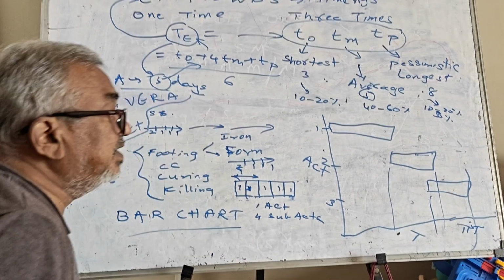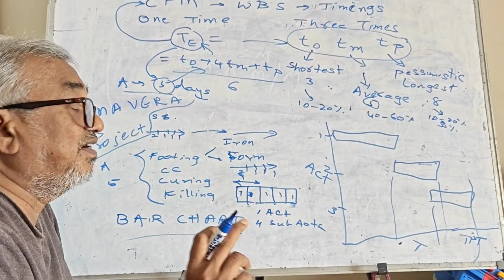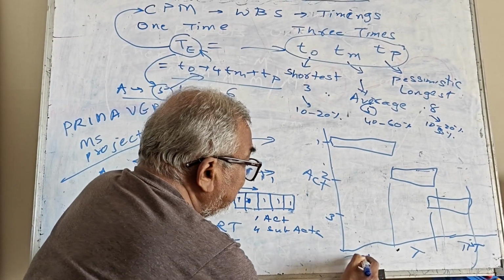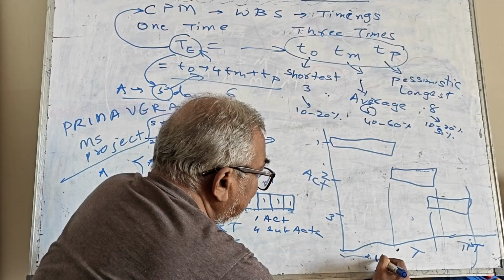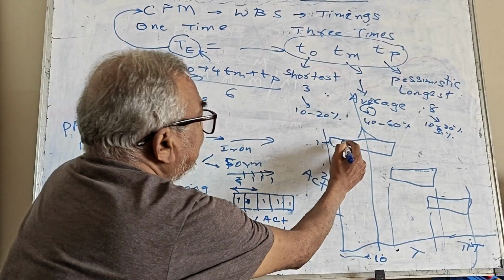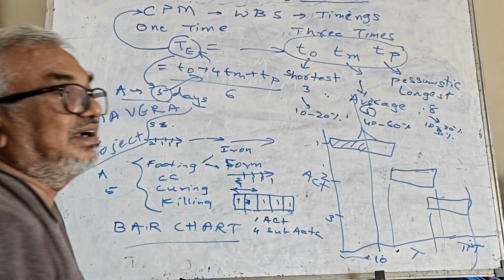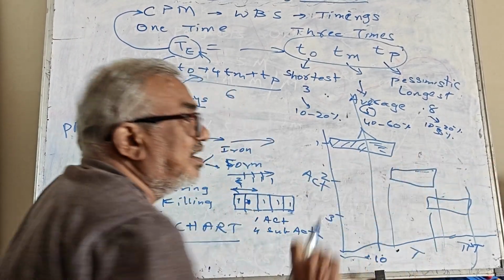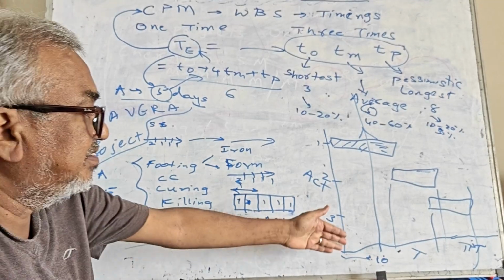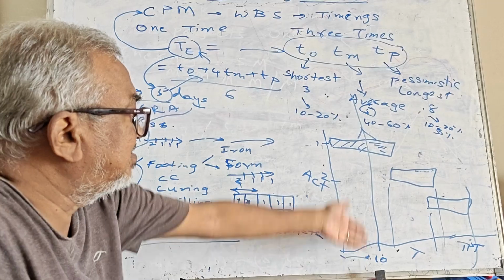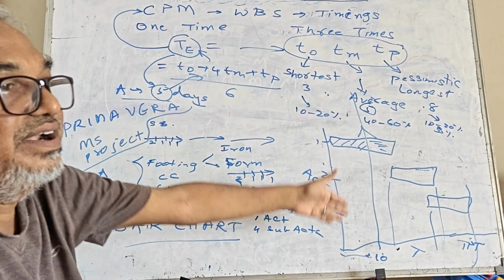And it also helps in one last aspect, that is the monitoring process. Suppose you go on the 10th day of the project, then you draw a line like this. Whatever is on the left side has to be completed. Whatever is on the right side is not completed. That means when you go to the site, on this bar chart, you can just draw a line on the day you went.